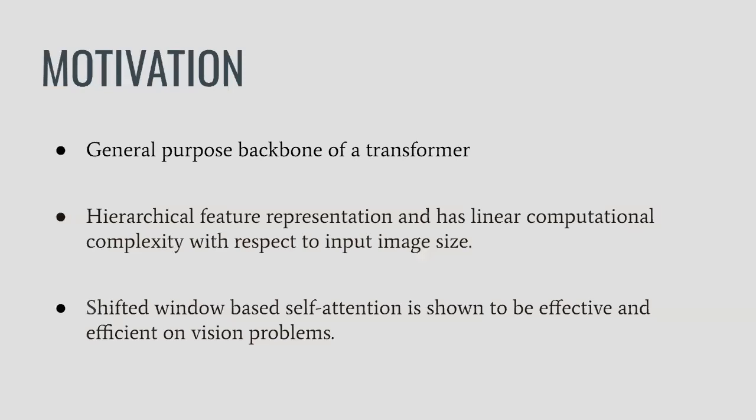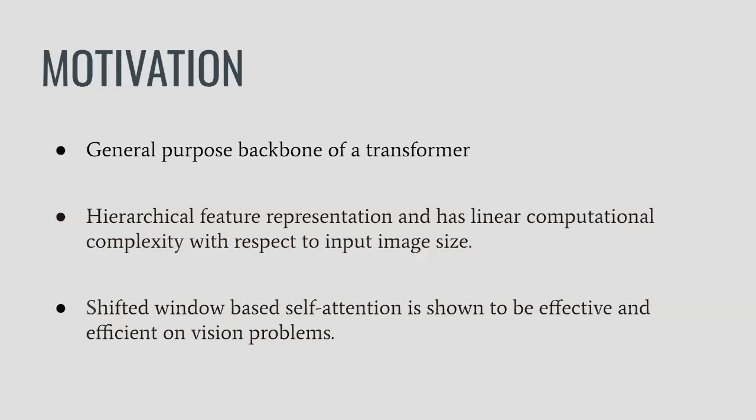And by hierarchical, I mean that the feature maps, as we proceed deeper in the network, are merged with each other by reducing the dimension. These qualities of Swin transformer make it compatible with a broad range of vision tasks. Some of those could be image classification, object detection, and semantic segmentation.